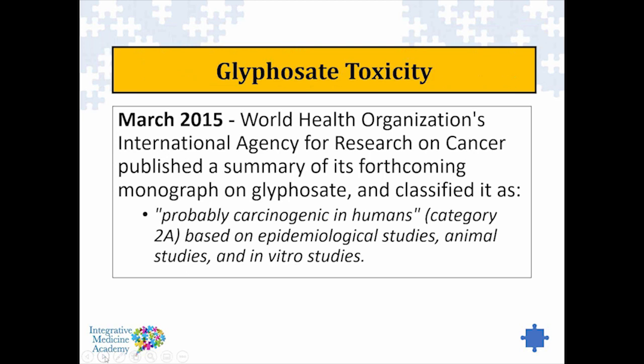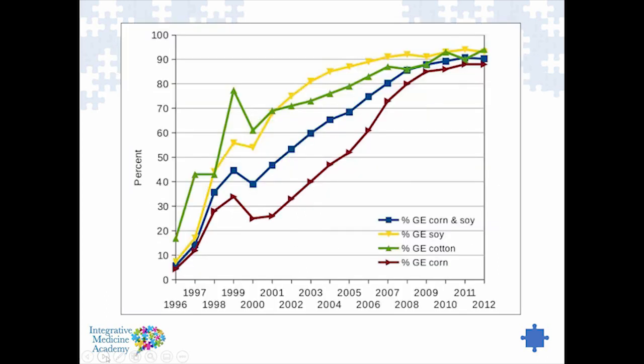And the World Health Organization in 2015 really put glyphosate out there as a probable carcinogen in animal studies. And there has been some recent evidence now from lawsuits where things have come out where glyphosate is being linked to different types of cancers, non-Hodgkin's lymphoma, for example.